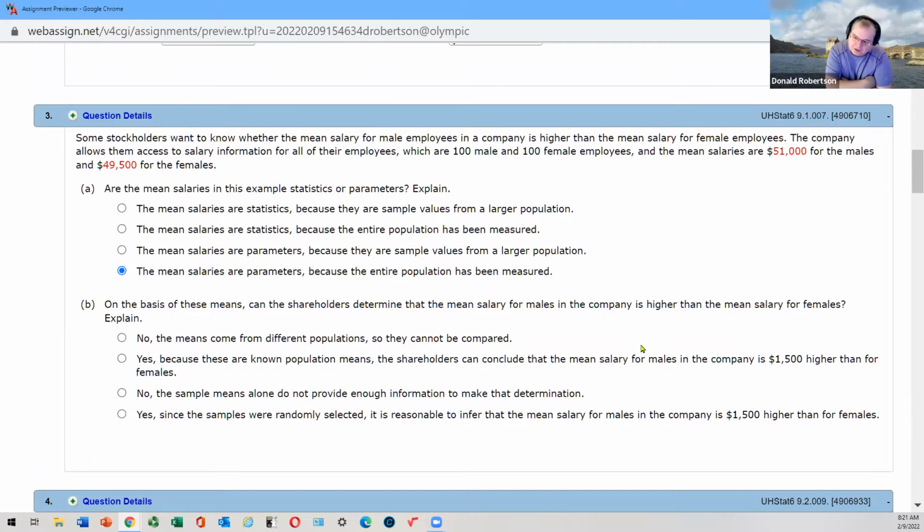Suppose they only got the salaries of 10 men and 10 females, and the same information appeared. The reason why that's not guaranteed is that if you do a sample, don't you get a different answer each time? You ask different 10 people, the answer varies a little bit. And so you wouldn't be able to do it for certain. You could make a prediction that it was true, but you wouldn't know for certain.